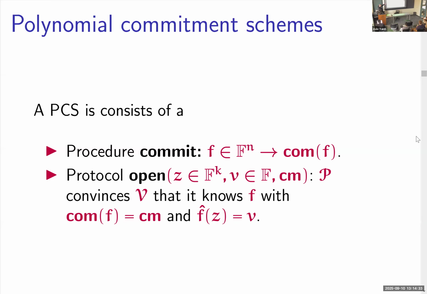The goal of the protocol is for P to convince V that cm is really a commitment to a polynomial f such that f of z is equal to v.